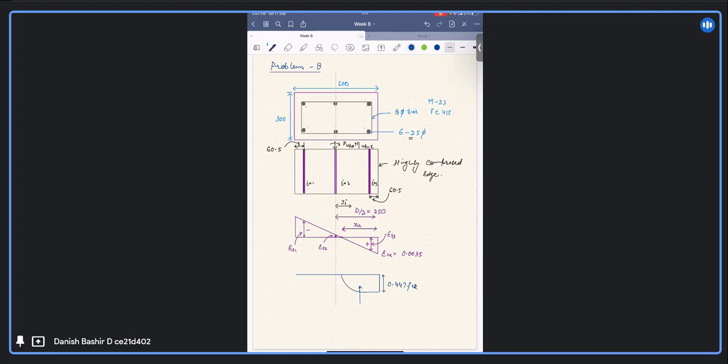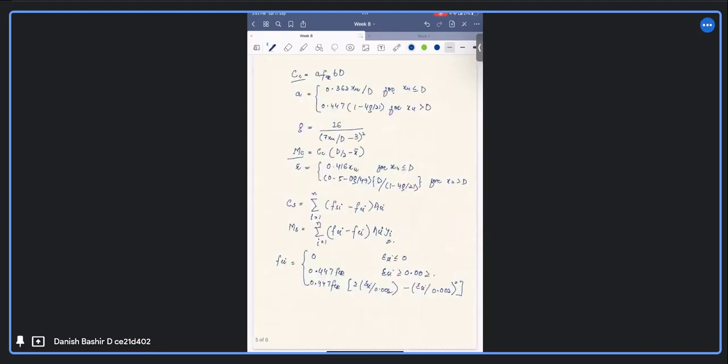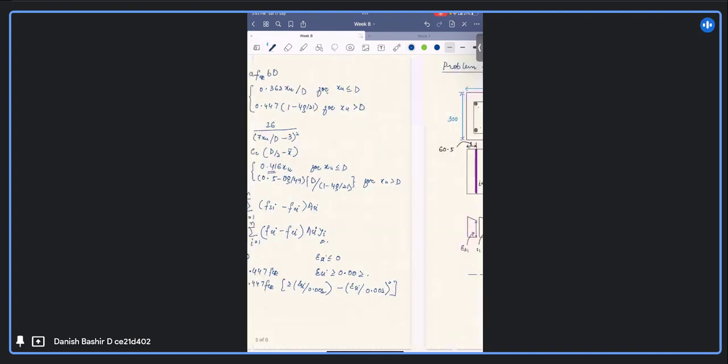As I already told, you can see that the neutral axis is lying within the column section. So our x bar distance will be, from the previous formulas, 0.416 xu for xu less than d.